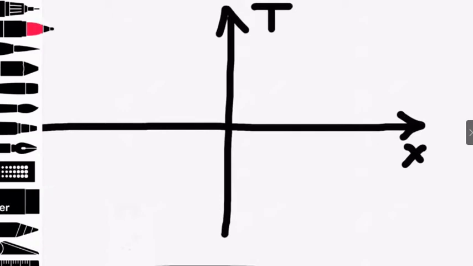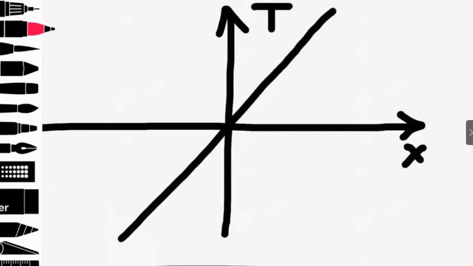Now, if I draw a line in which the y-axis equals the x-axis, I have this line, and the same thing here for negative values of x.